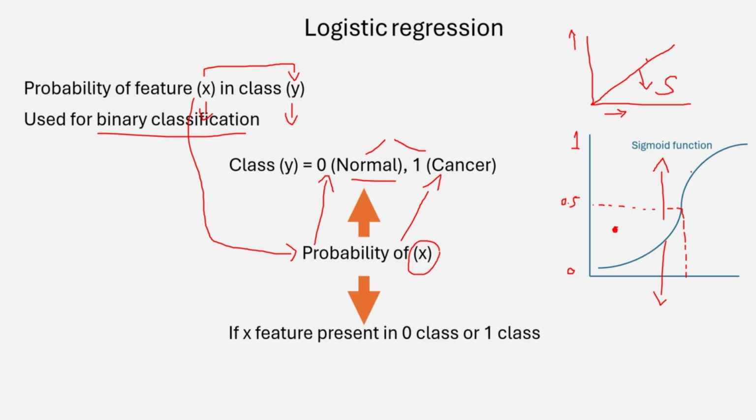If your data ends up here, it will be classified as cancer. We determine this by drawing the line which allows us to distinguish between the samples. Later we're going to see how these values are taken and how the classification is done. It was just an introduction here.